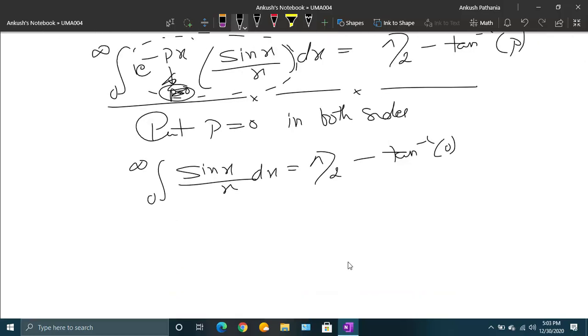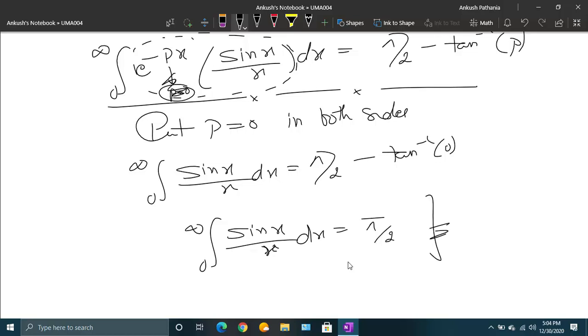So this gives you the result asked in this question, that the integral of sin x upon x dx is equal to pi by 2. So done. This is how we solve such types of problems of integrals given from 0 to infinity, because Laplace ranges from 0 to infinity. Here we use the properties and also finally the definitions to get these types of results.